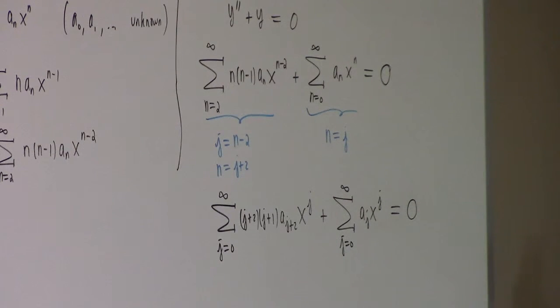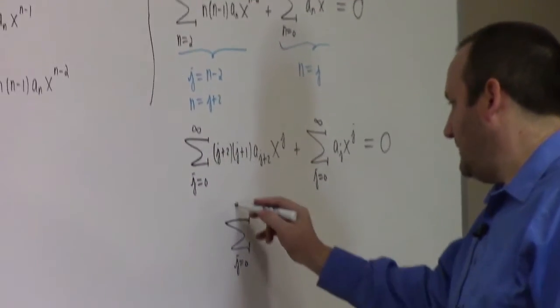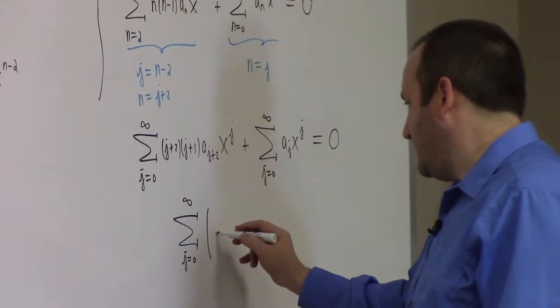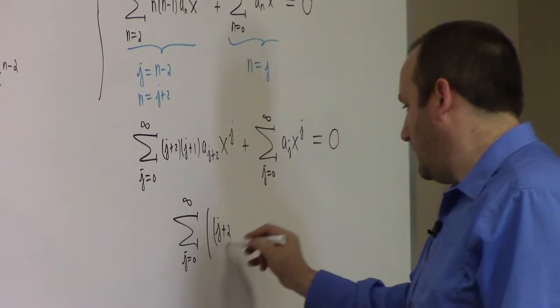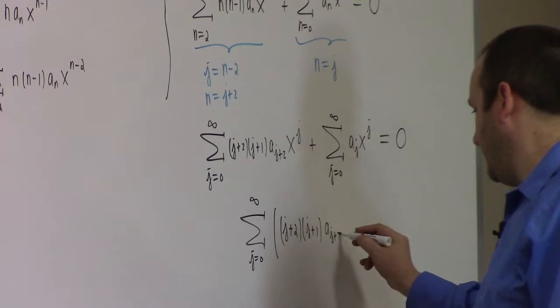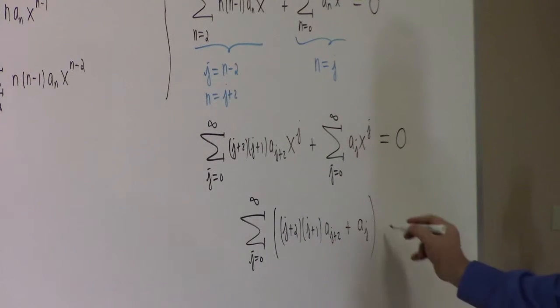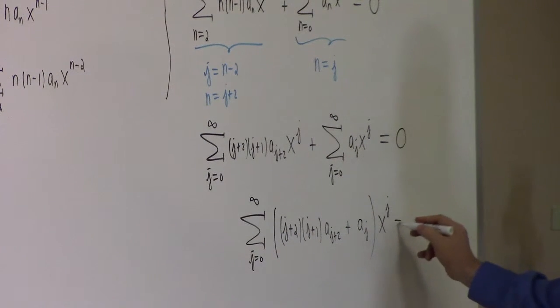Well, this is wonderful. Now I can add them because they're both of the same format, right? So I can rewrite this as a single series. The sum j equals 0 to infinity, big parentheses, j plus 2 times j plus 1, a sub j plus 2, plus a sub j, parentheses, x to the j, equals 0.